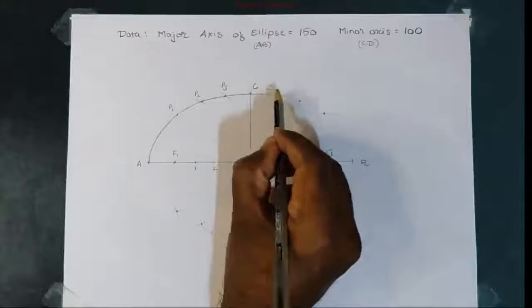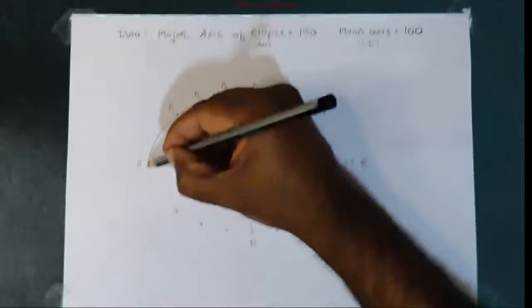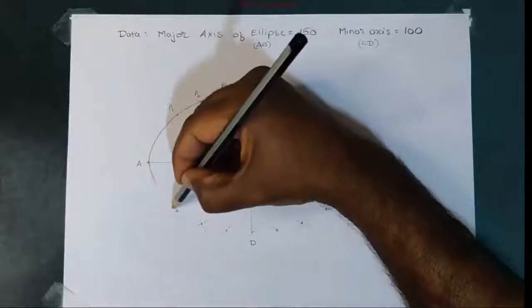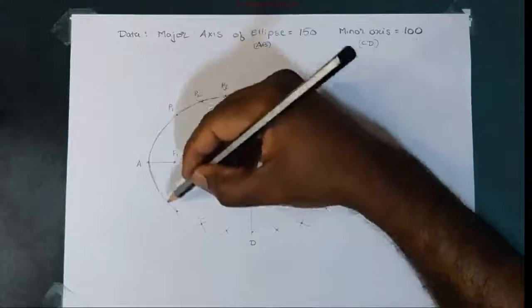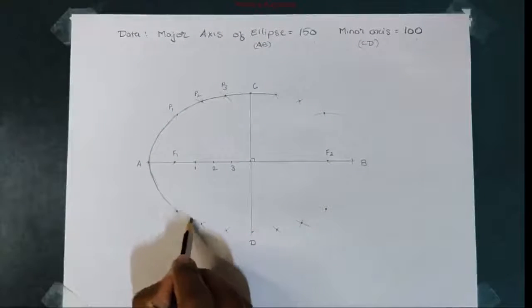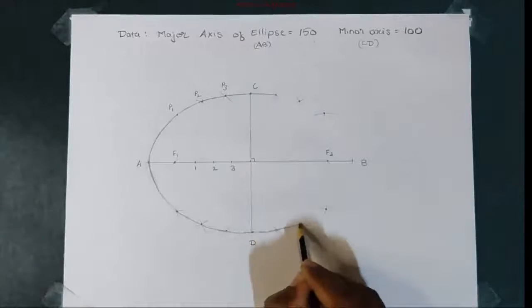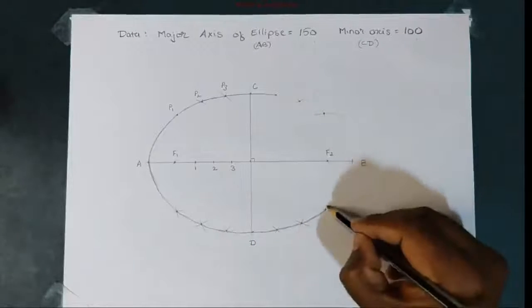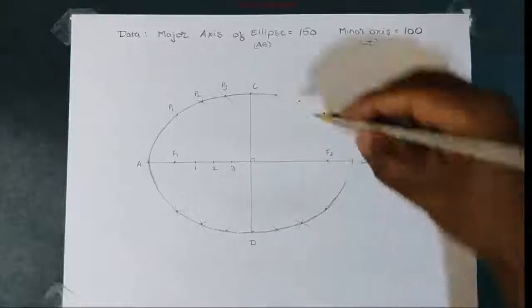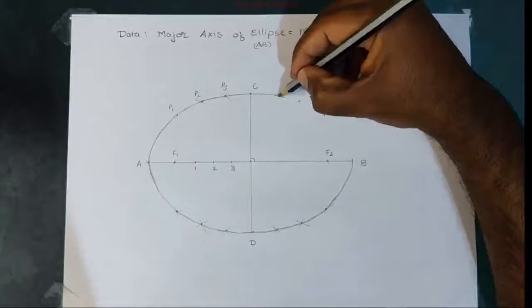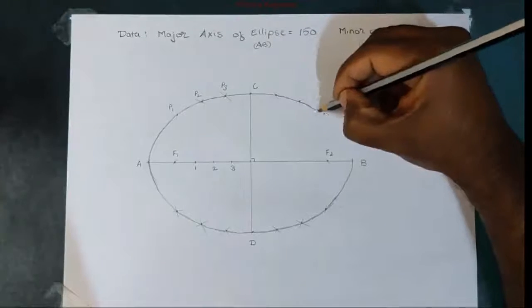Through a freehand curve, as you can see, I am sketching a smooth curve passing through all the points. This smooth curve we can also draw with the help of a French curve, but in this problem I'll be drawing freehand.